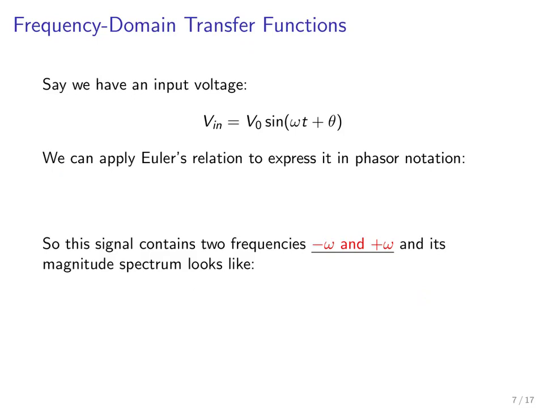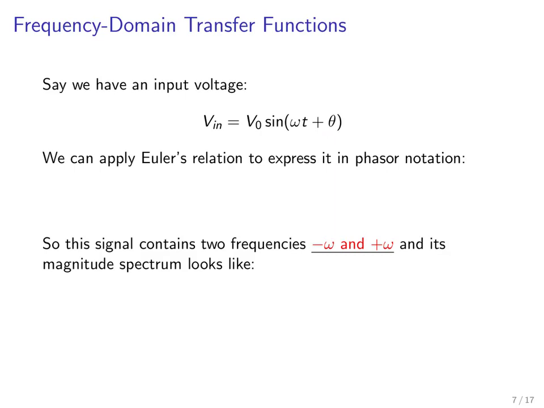Let's illustrate this by example. Let's say that we have an input voltage Vin that is a sinusoidal signal with an amplitude V0, a frequency omega, and a phase theta. We can use Euler's notation to express this as a sum of complex exponentials.